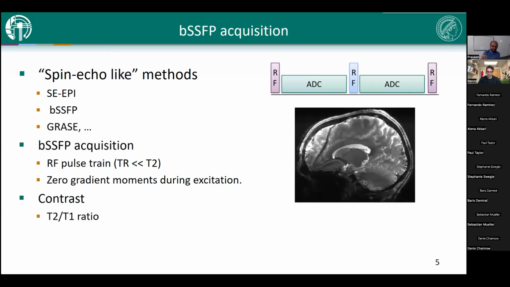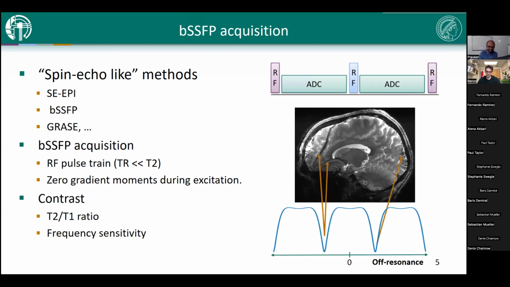Once you switch gradients on and off in your acquisition, you get an image like this, which looks like a T2 image, but it's actually a T2 over T1 ratio contrast. And it has one more peculiar feature, which is quite bad for us, but quite interesting as well.